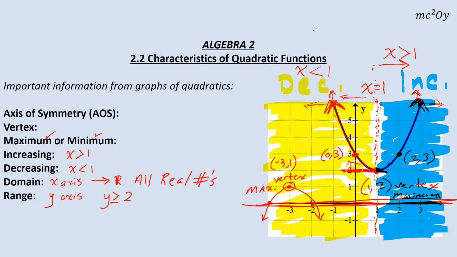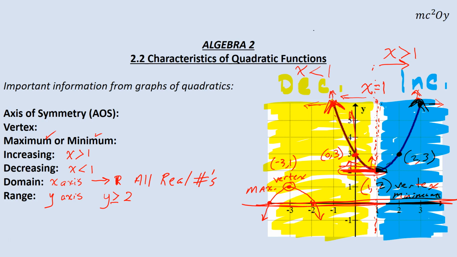Okay, so my graph starts here on the y-axis at 2, and it extends upward forever. Okay, that means I could get an output value for any value that's 2 or bigger here. And my graph would exist for any value for y greater than or equal to 2. Notice the graph doesn't exist anywhere below 2.